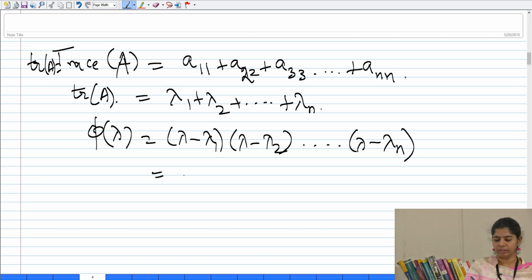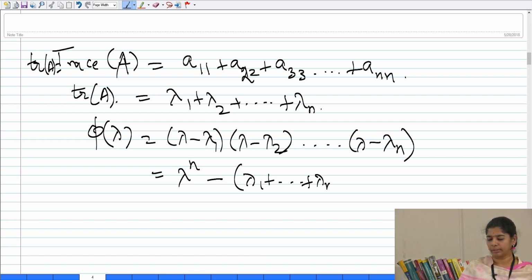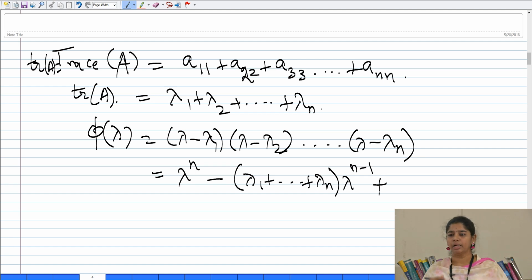So actually the factors would go like this. You have lambda power n minus (lambda 1 plus lambda 2 plus ... lambda n) times lambda power n minus 1, plus the product of 2 elements. All 2 elements you take, and take the sum of all 2-element possibilities, right? Every possible 2-element pair you just pull out and you can write it, right?